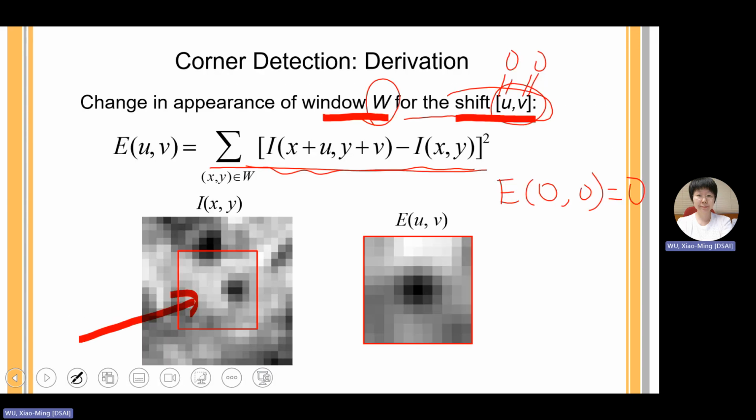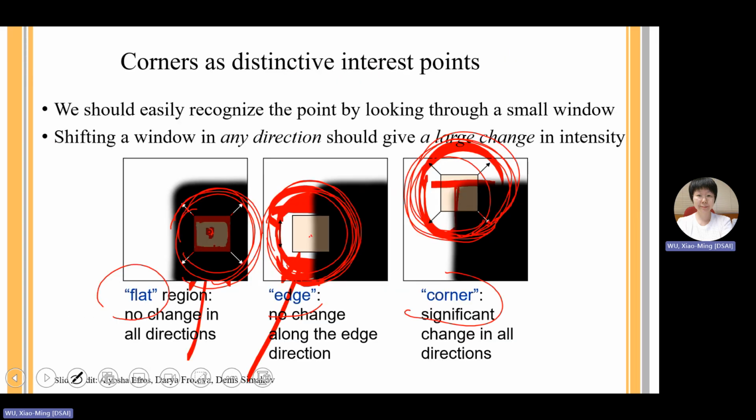So that's why we want to see how the image content will change if we shift the window by a small amount. If we move the window by a small amount, U and V, and there's no change along any UV direction, then it represents a flat region.